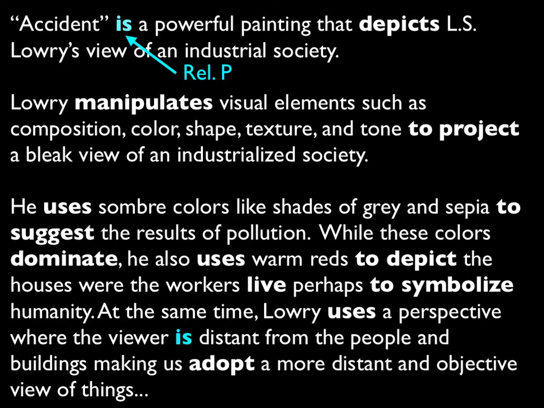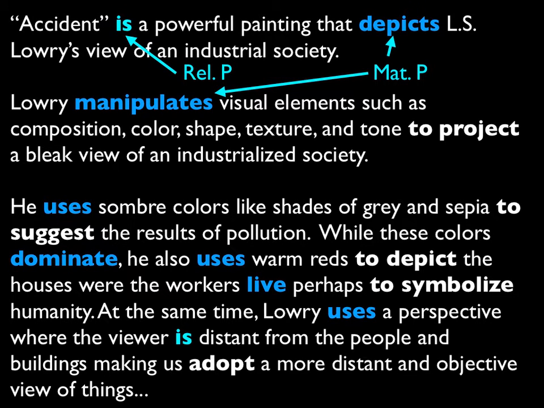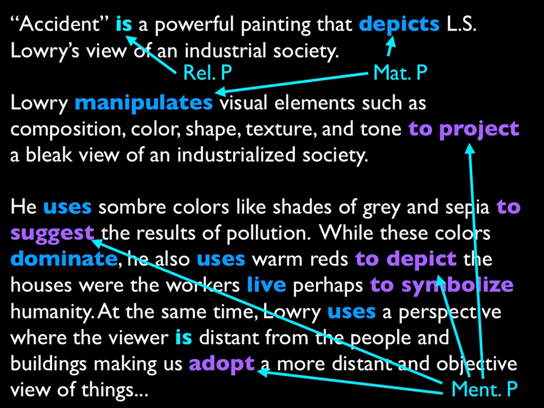Consequently, not only do we get the use of material processes such as depicts and manipulates and so on, but also mental processes, or verbs like to project, to suggest, to depict, to symbolize, and adopt. Now, if you're not sure what a mental process is in systemic functional linguistic terms, refer to the course materials where you can find an explanation of all the different kinds of processes in the transitivity system.